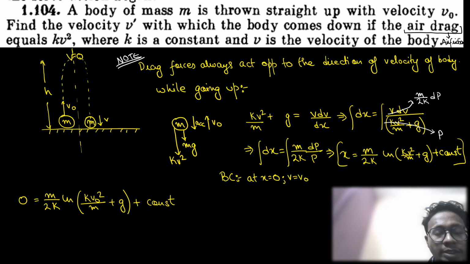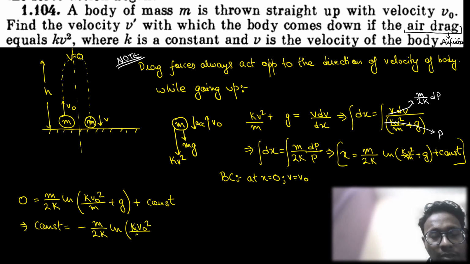So the constant is nothing but minus m by 2k ln of k v naught square by m plus g. So can I write here the equation?